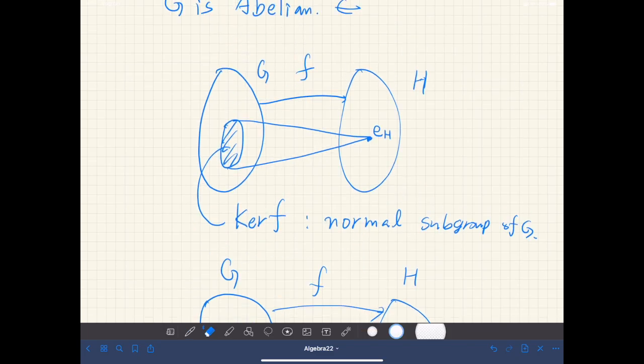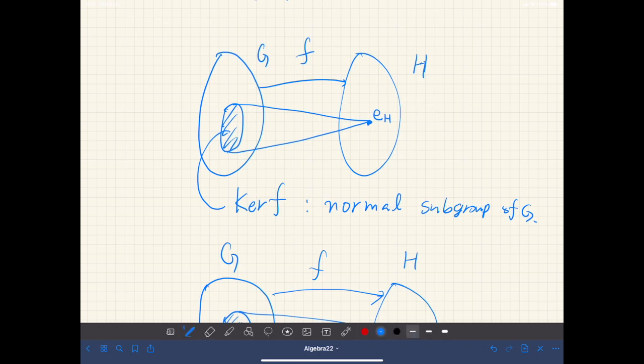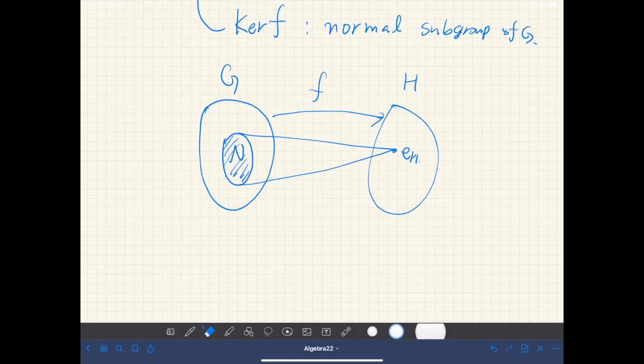Let's recap again. So here we had two groups, G and H, and a homomorphism between these two, and then we found the kernel of F, which was a normal subgroup of G, right? But next we first have a group G and its normal subgroup, and from these two, we define some group H and a homomorphism such that the kernel of F becomes this normal subgroup.